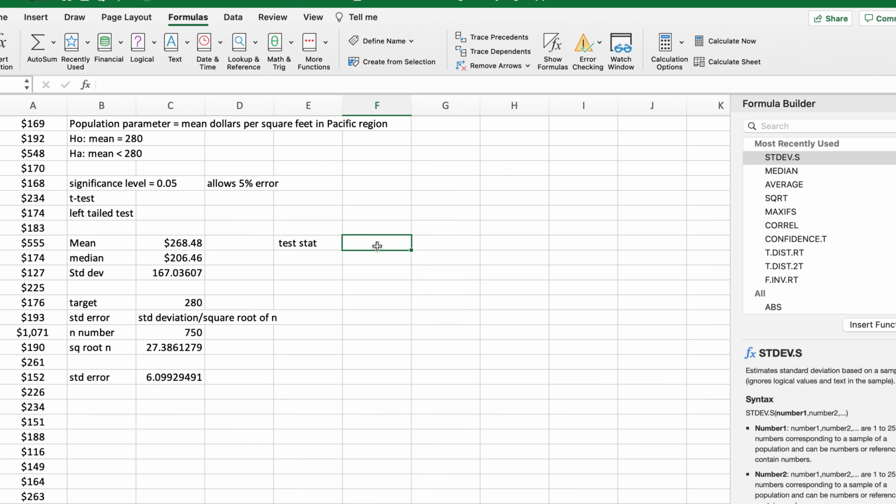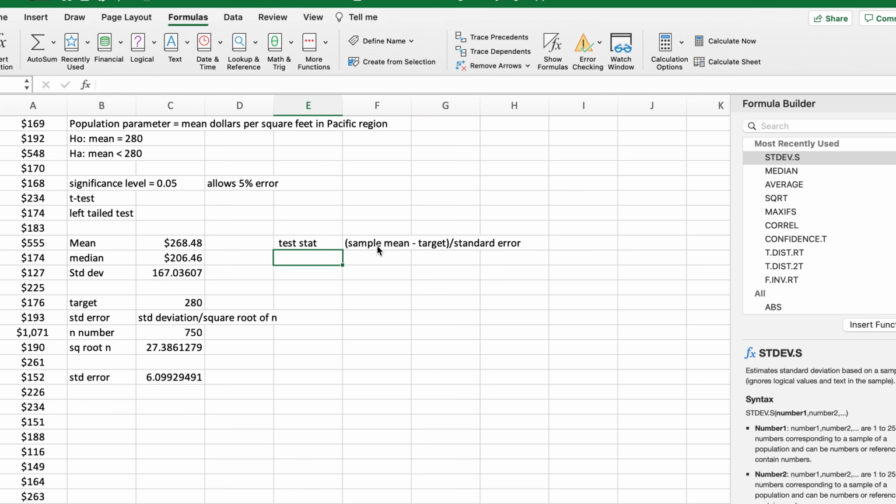So what's my test statistic? Let's write that as a formula. You take your sample mean, you minus the target, you divide by the standard error.